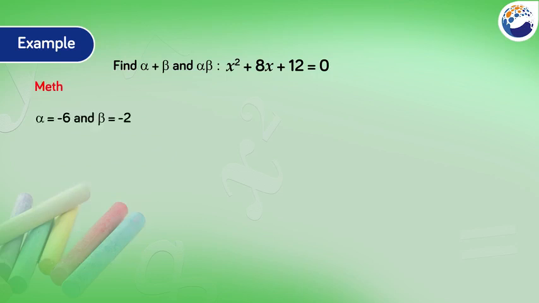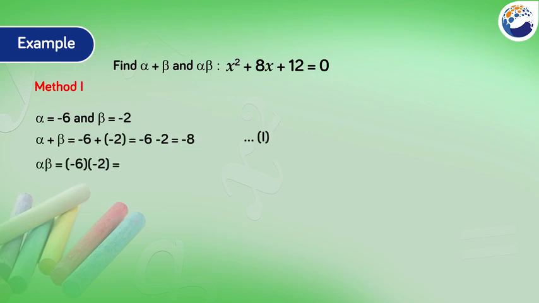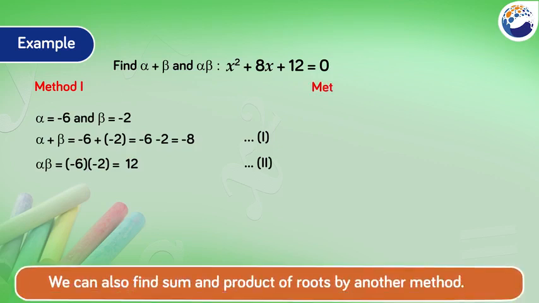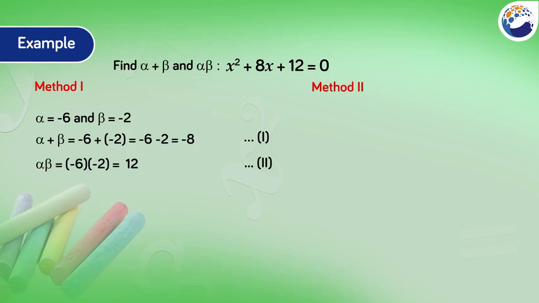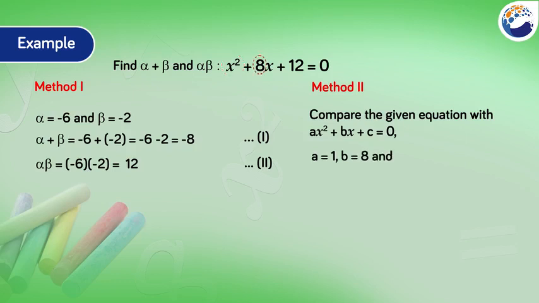Sum of the roots is minus 6 plus minus 2, which is equal to minus 8. Product of the roots is minus 6 into minus 2, which is equal to 12. We can also find the sum and product of roots by another method. Compare the given equation with ax square plus bx plus c is equal to 0. a is equal to 1, b is equal to 8, and c is equal to 12.